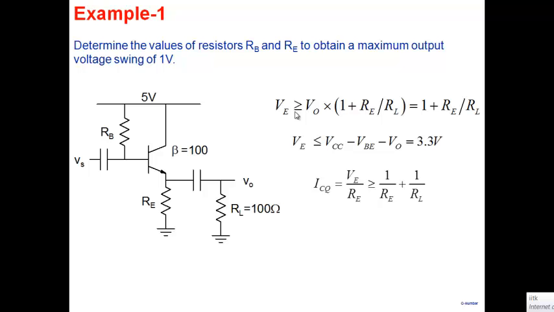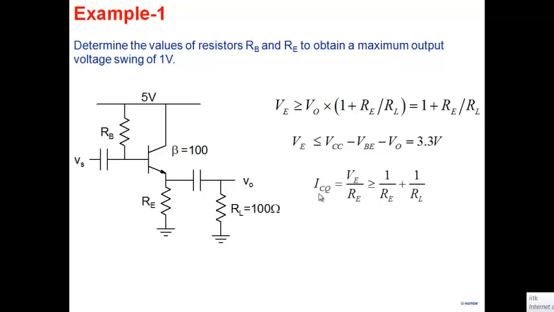If 5 volt is fixed, the power depends on ICQ, so I should use the minimum possible value of ICQ. The higher the value of ICQ, the more current you're drawing, and the more power you're wasting. It's not good. So when choosing RE and VE, the objective is to minimize the value of ICQ.